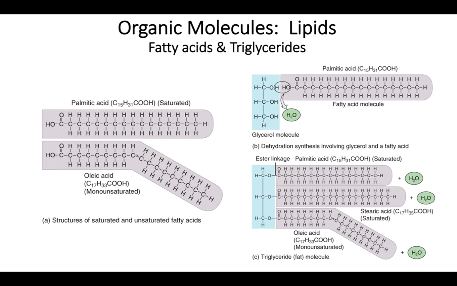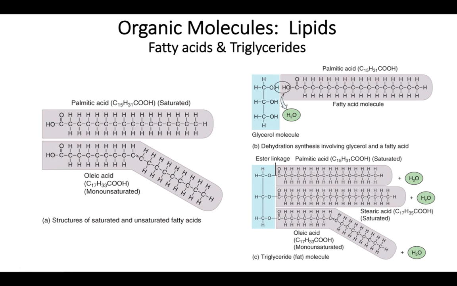Now, why is this one bad and this one healthier? Well, saturated fat tends to pack together really tightly, and that can increase the risk of cardiovascular disease. Whereas if you have a lot of unsaturated fat, it doesn't really pack together.